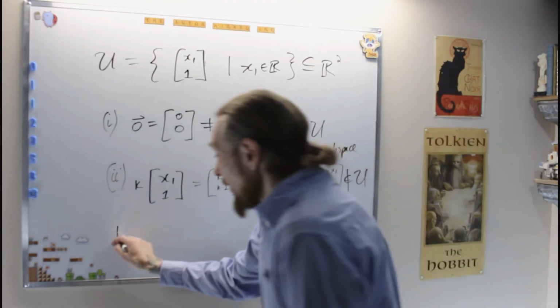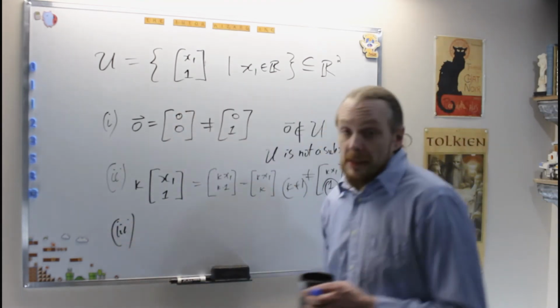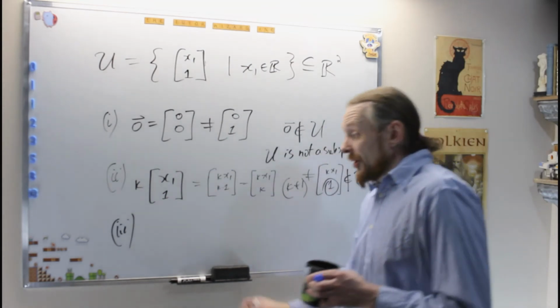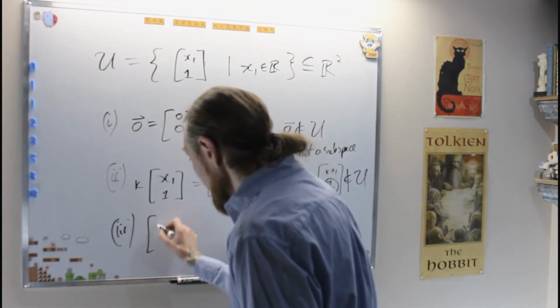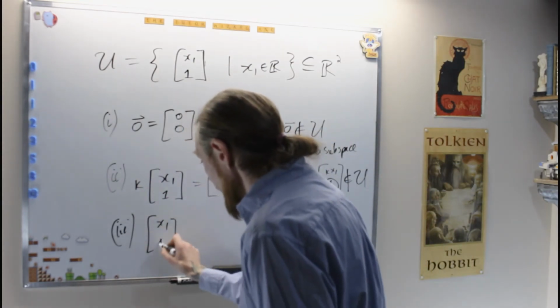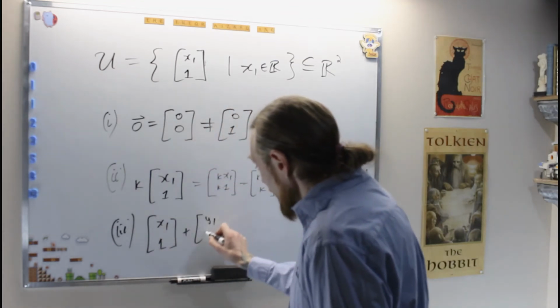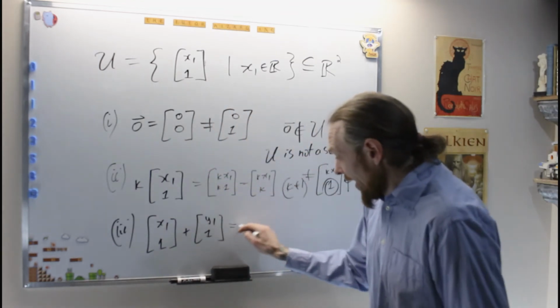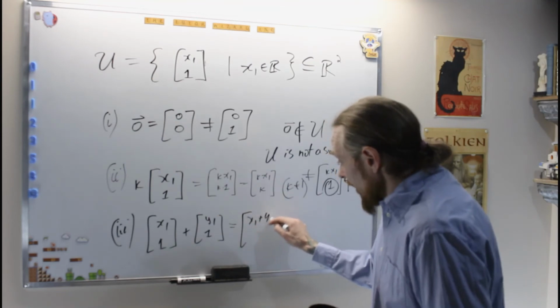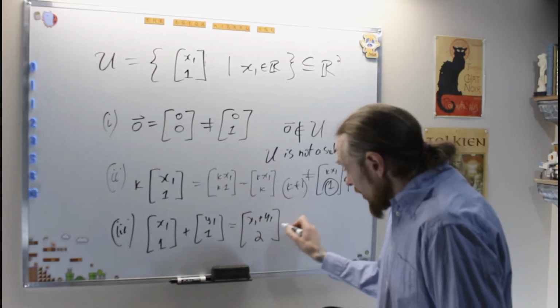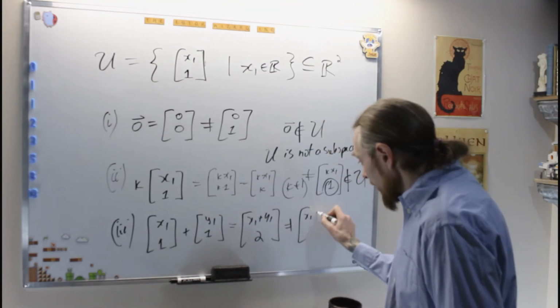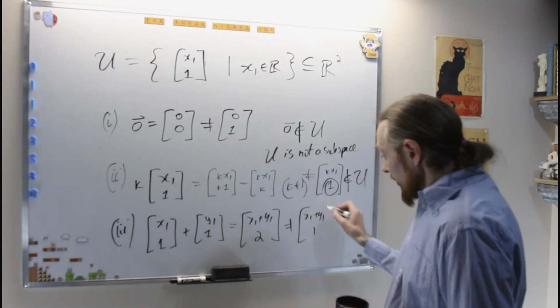And also, addition also ruins it because 1 plus 1 is 2, not 1. So if I take two of these vectors in there, x1, 1 plus y1, 1, and add those, we get x1 plus y1 and 1 plus 1, which is 2, which does not equal x1 plus y1, 1, which is what we would need.